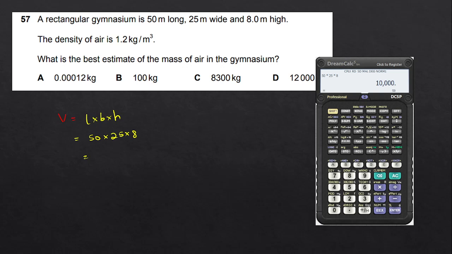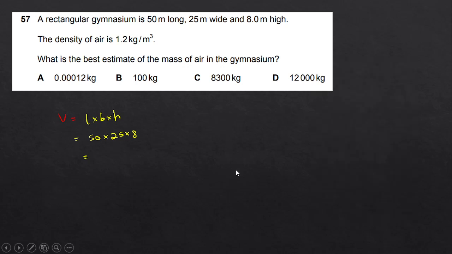It's 10,000. 10,000 meter cube is the volume of the gymnasium.